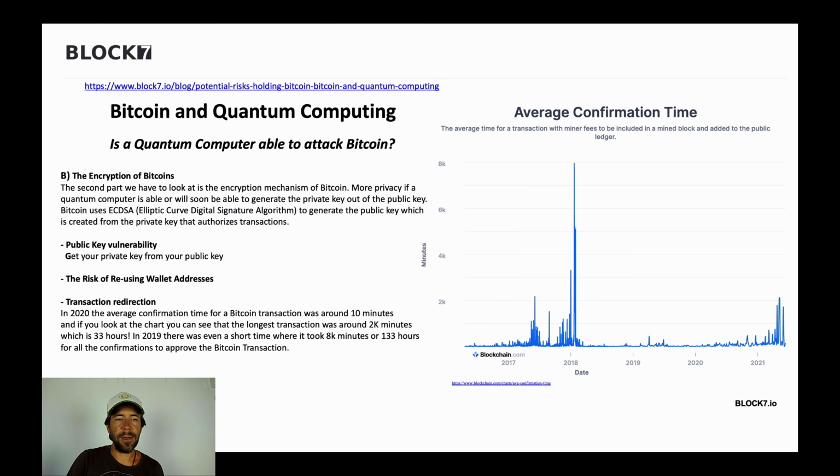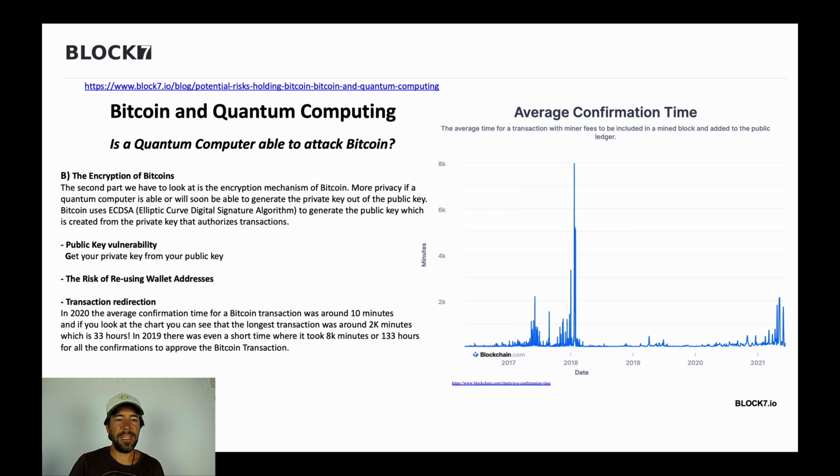So the second part, as we see here, is the encryption of Bitcoin. So here we have B: the one part is the mining stuff, and the other part is the encryption. That means the encryption in Bitcoin uses certain algorithms that make it, of course, very hard for a hacker to come in and hack Bitcoin.